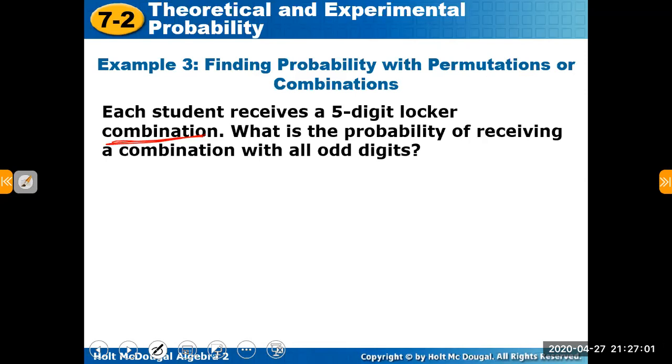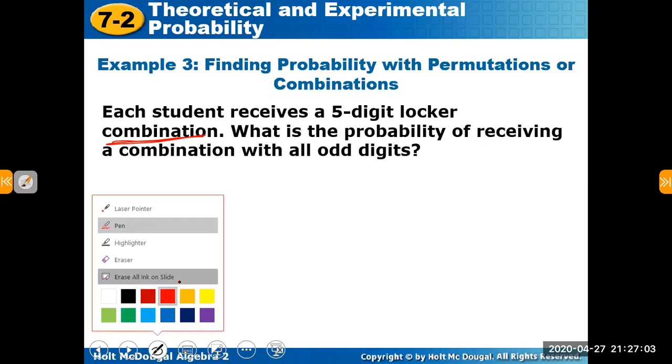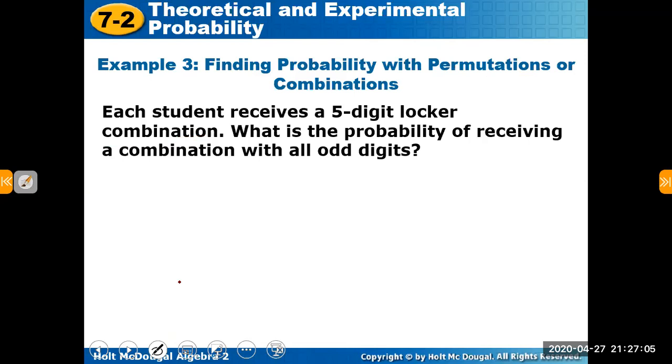Okay, so in this case, first of all, we need to check how many total outcomes we can have. So it's a 5-digit locker. So how many total outcomes are possible? Each digit has the numbers from 0 to 9, so 10 possible outcomes. Since they did not say that we cannot repeat the number, that means we can repeat the number.